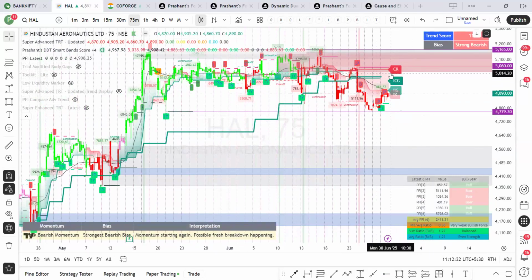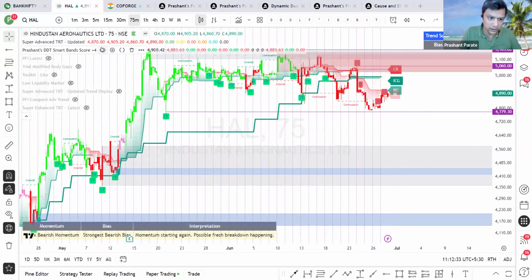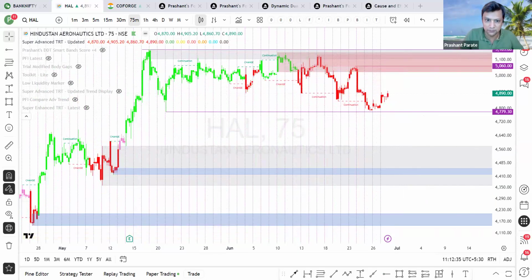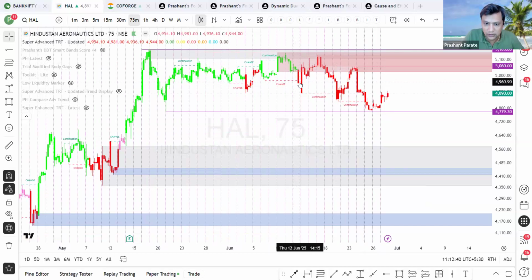A question, sir. Can we sell in this selling area around the 5,000 level? If you want to sell at the 5,000 level, the first question is, is it a virgin area? Is it a fresh area? No, it's not. Here we had a first change from where price went up to this and then it came down.